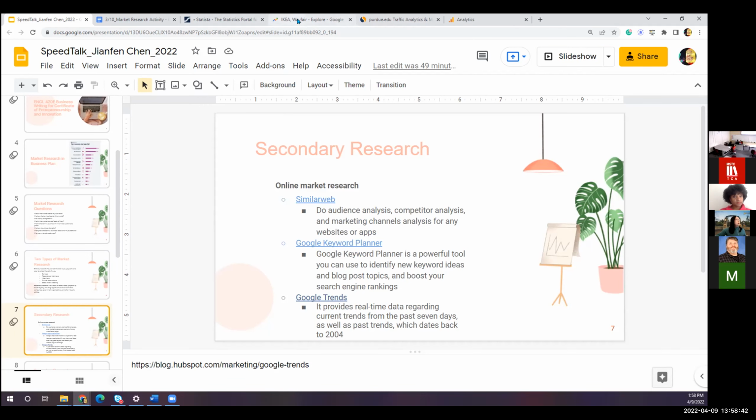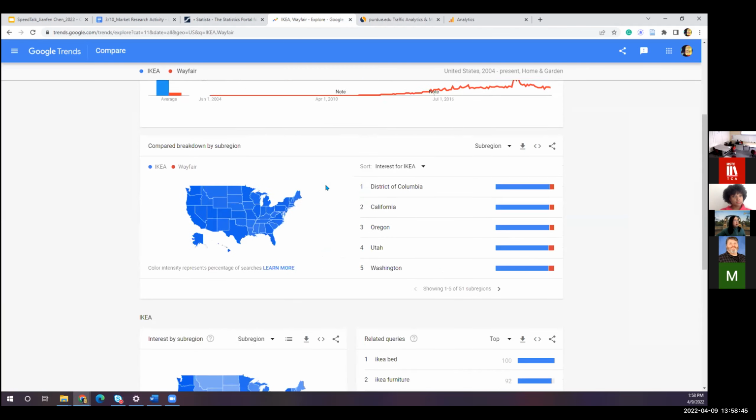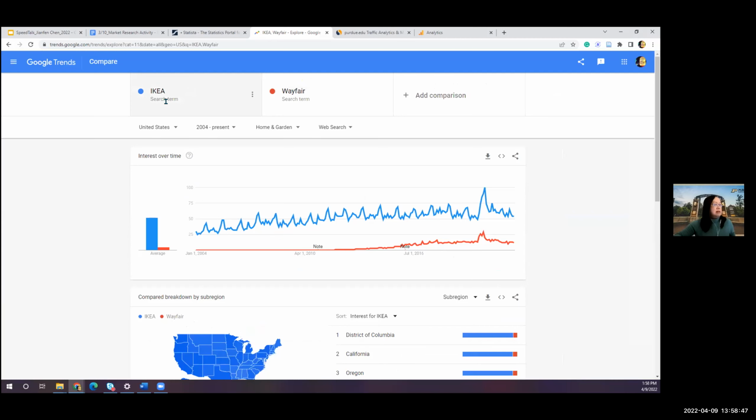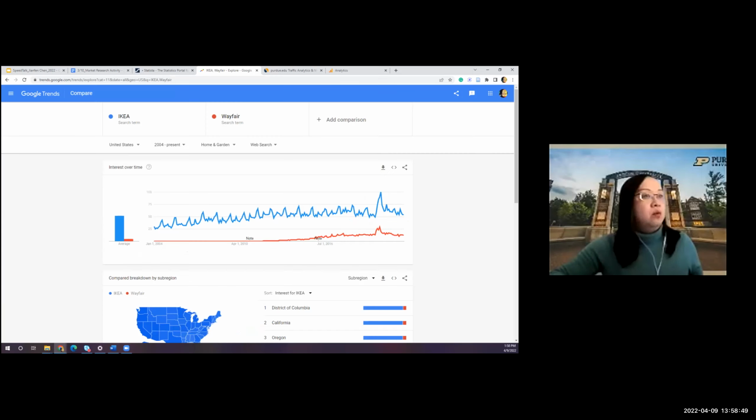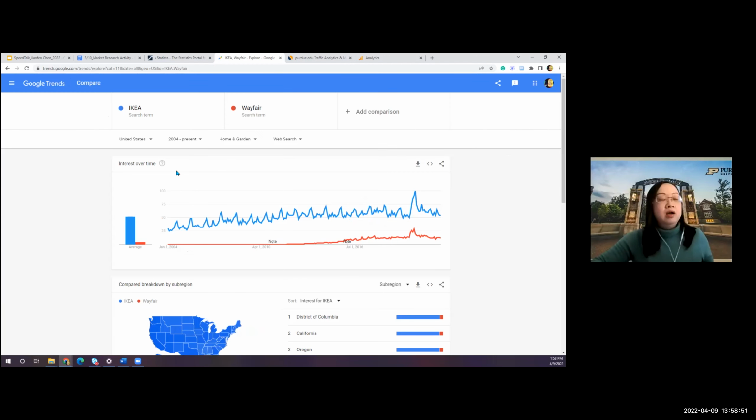Okay, so this is an example from Google Trends. We determined that our target market is the United States, and then we keyed in IKEA and Wayfair as the comparable websites. Google Trends is telling us the interest over time from web search from 2004 to the present.